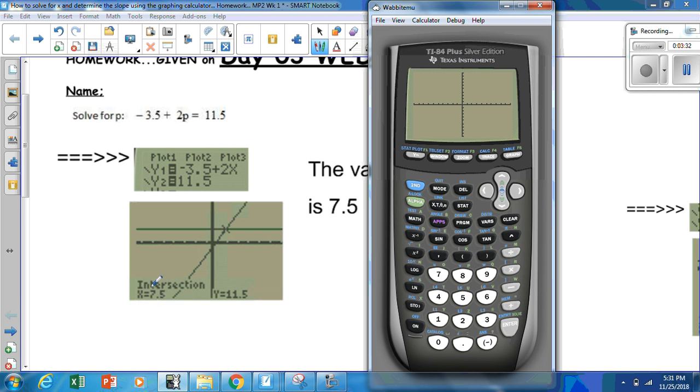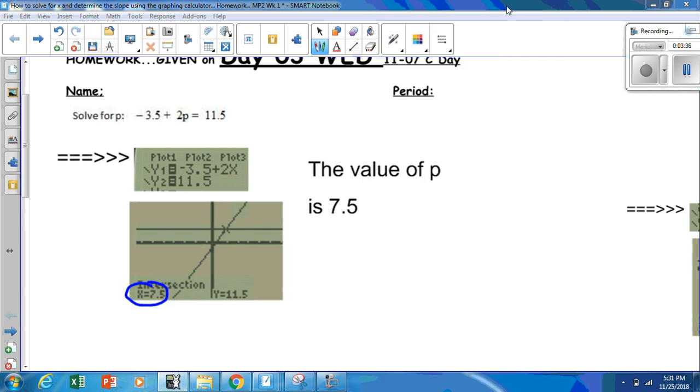And then I know that this coordinate right here represents the value of x when these two lines intersect.